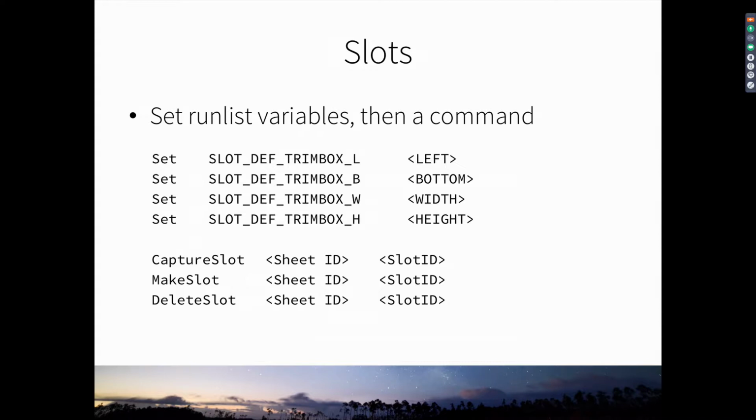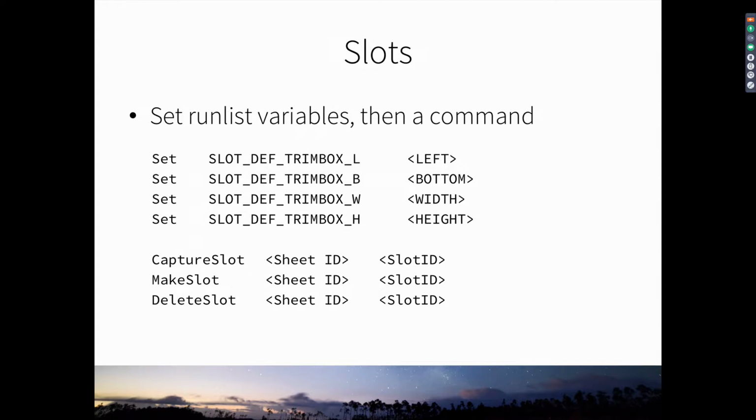So you define the variables and then you make the slot based on those variables. This can be very tedious. If I want to define a slot from scratch, the list of variables is probably about 20. So I would have to fill 20 different variables, and then I can finally call this make slot to do the work.